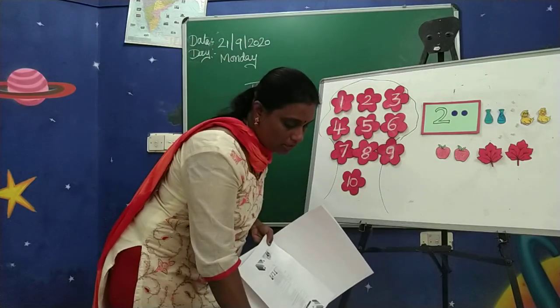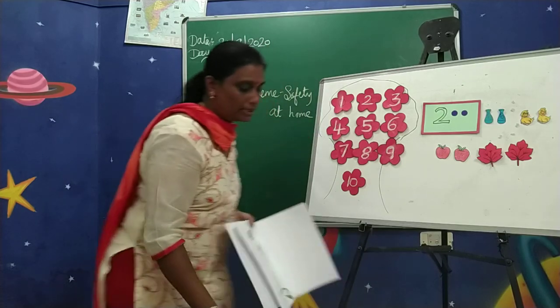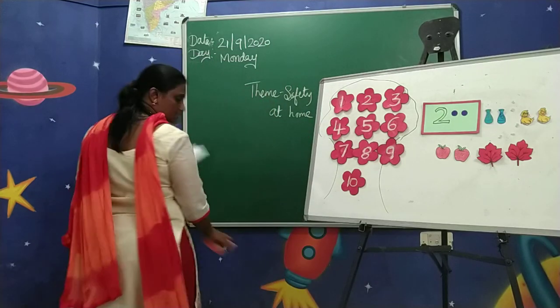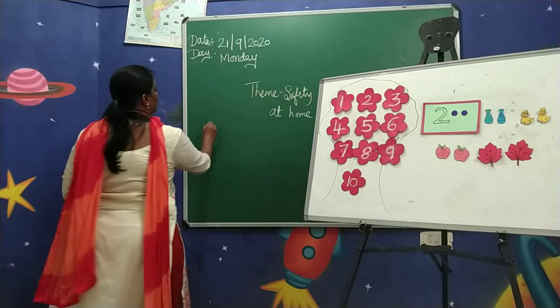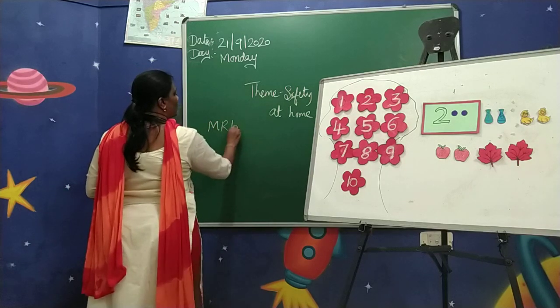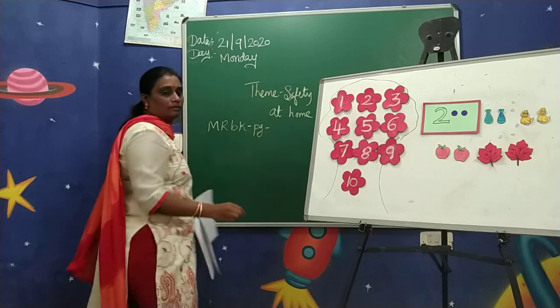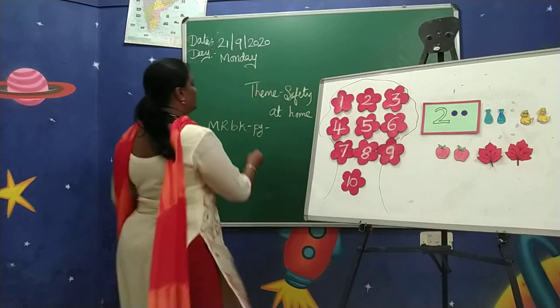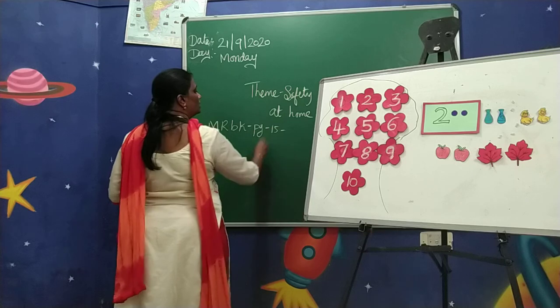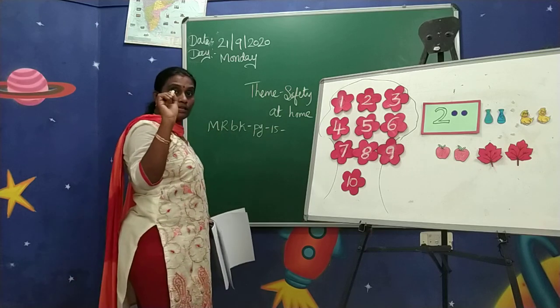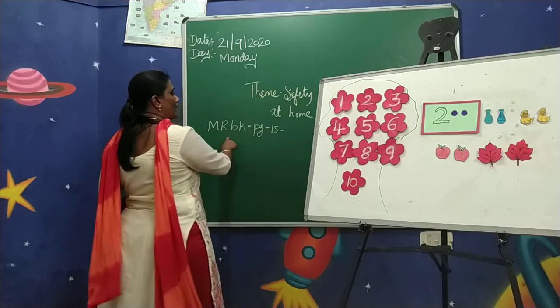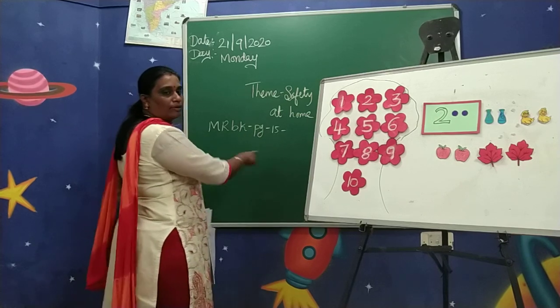Otherwise, I will write once again on the board, homework. Okay children, shall I write? Yes, first is MR book, which means mathematics readiness book. That is page number 15. On page number 15, you have to color the two dots. This is the mathematics readiness book, page number 15.